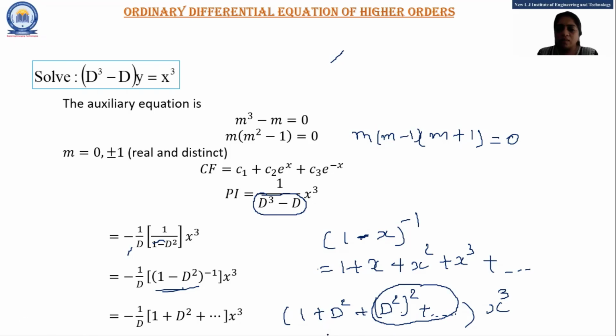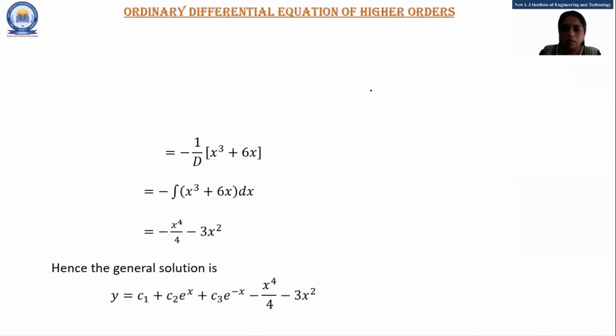So what is the first derivative D of x cube? D of x cube is 3x square.